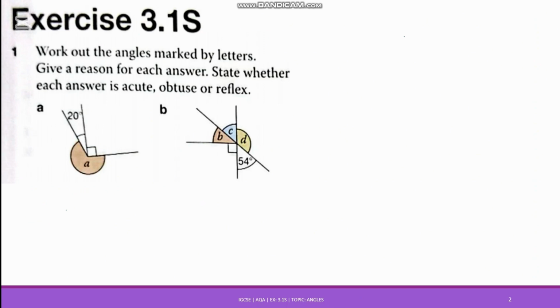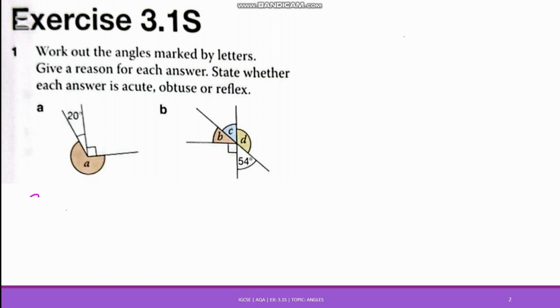Here in part A we have to figure out the unknown angle A, and also name the type of angle. To figure out the size of A, we will make the equation of the complete circle. We all know that the angles in a complete circle must add up to 360 degrees.